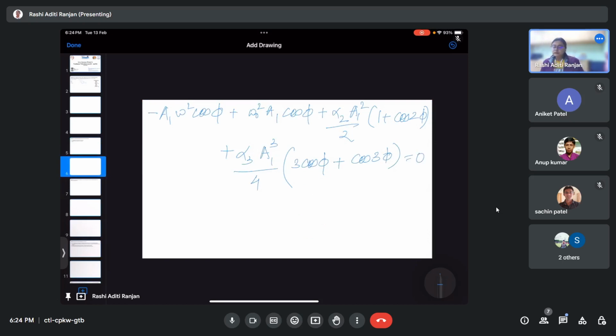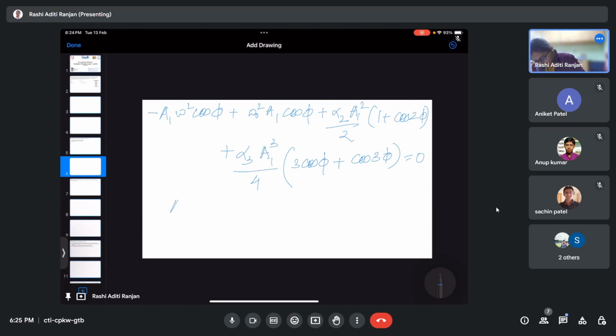Now you can see that on the left hand side there are cos phi and cos 2 phi and cos 3 phi. On the right hand side it is equal to 0. So if we want to equate the coefficients of cos phi, because the right hand side value is 0, what am I going to get?